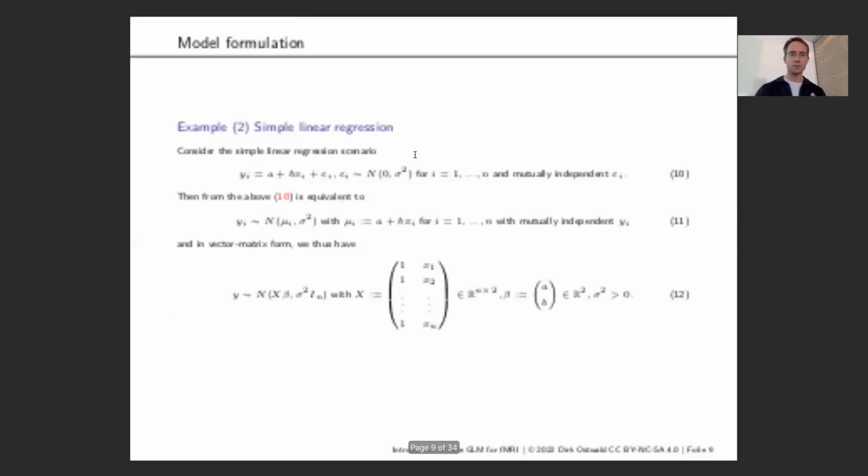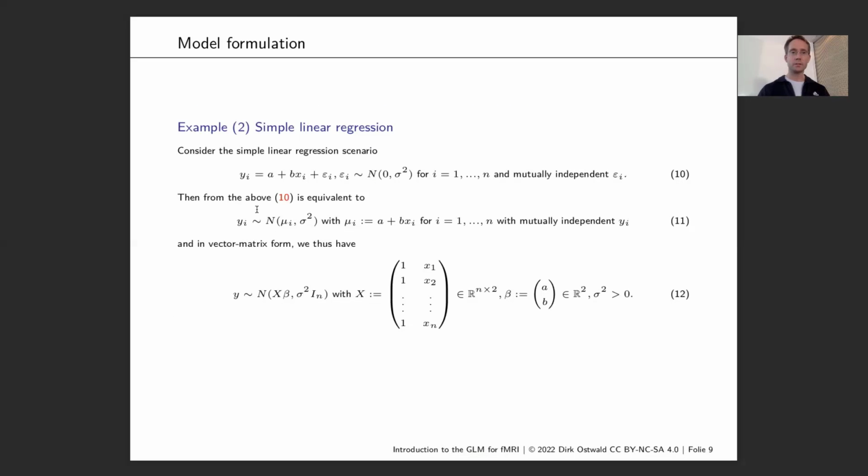So of course, this is the same as saying each data point, each yi, is distributed according to a univariate Gaussian with variance parameter sigma squared and expectation parameter mu i, where mu i, again, is of course deterministically given by A plus B xi. Yeah. And then that's basically saying how the data points individually are distributed.